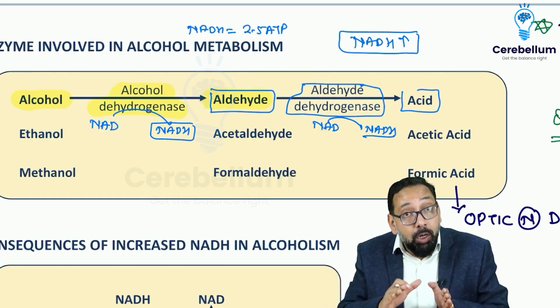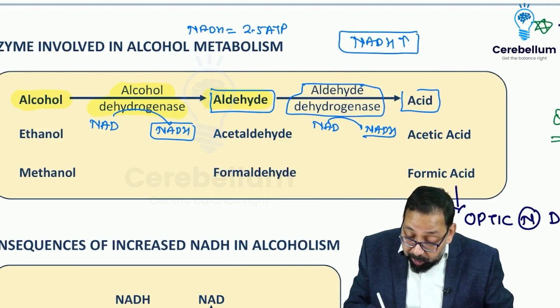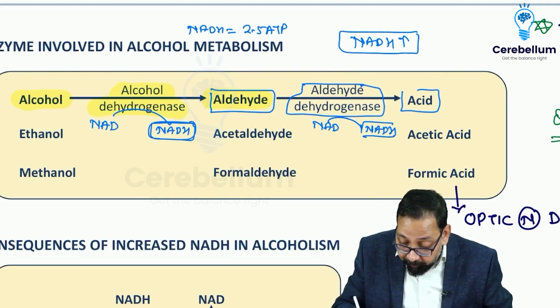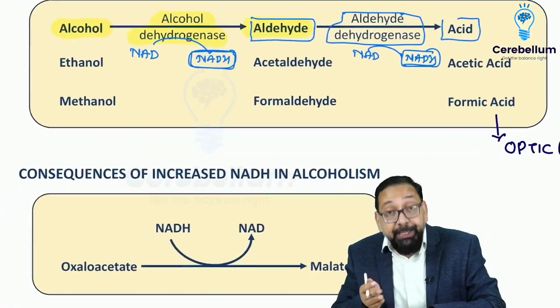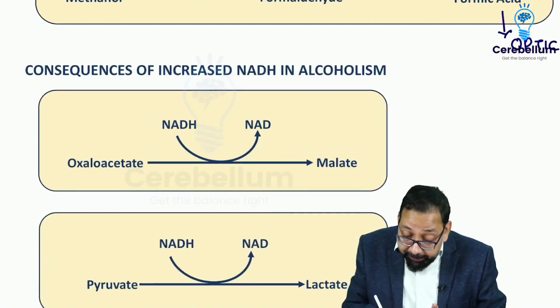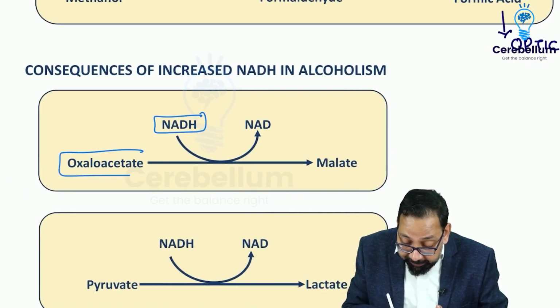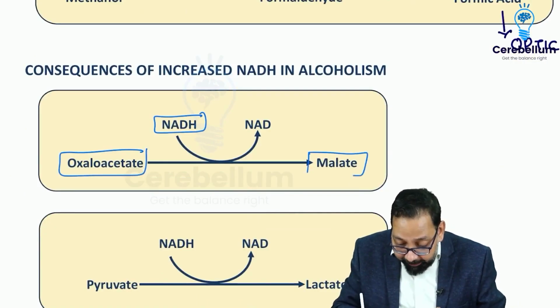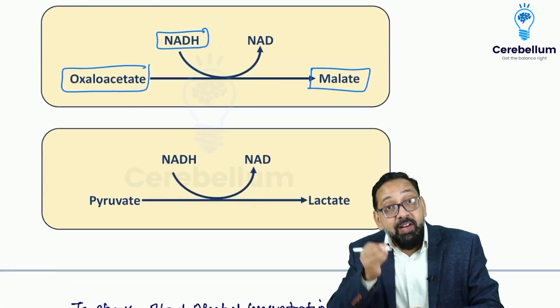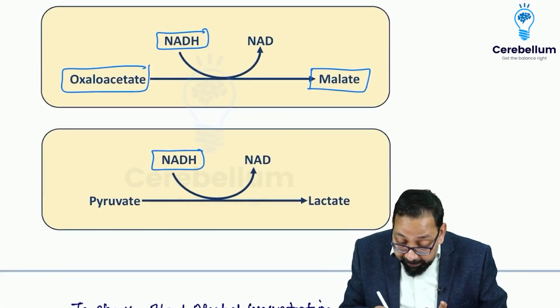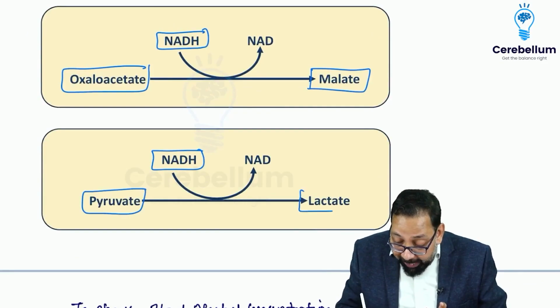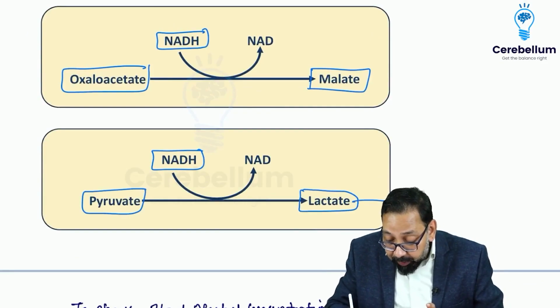Yes, alcohol metabolism will produce a large amount of NADH. When NADH is very high, this NADH will bind to oxaloacetate and produce malate. When NADH is very high, it will also bind to pyruvate to produce lactate, so lactic acidosis.